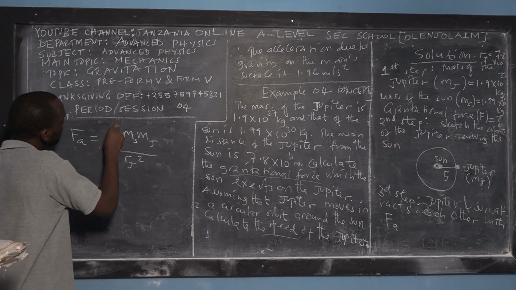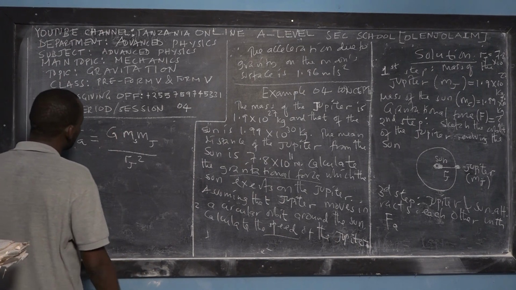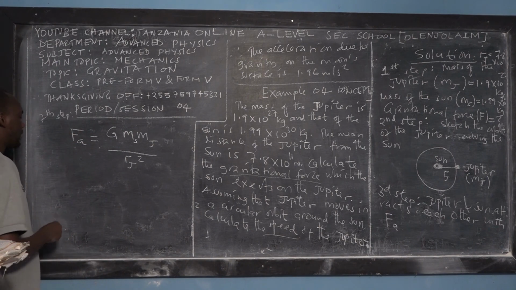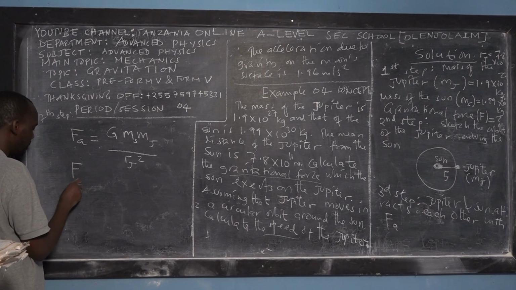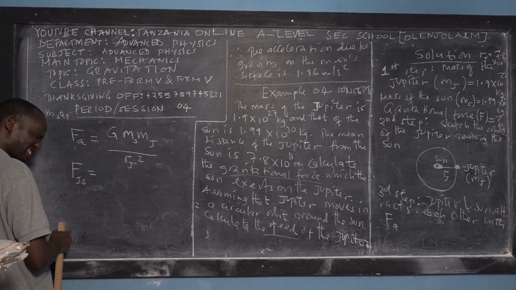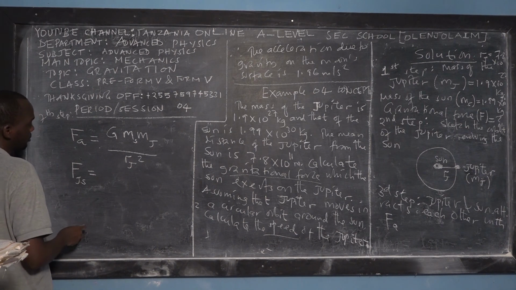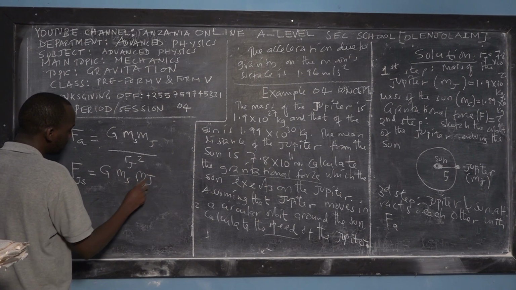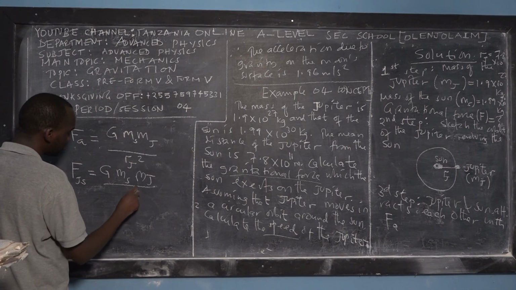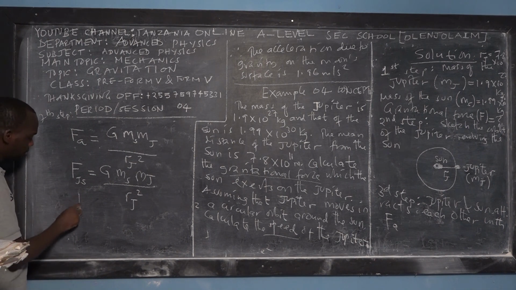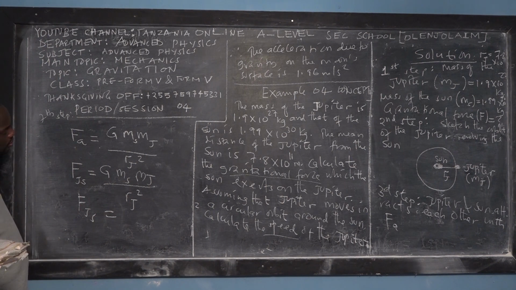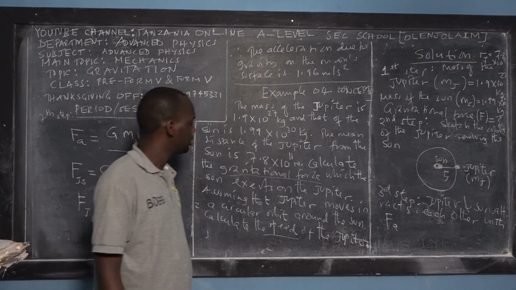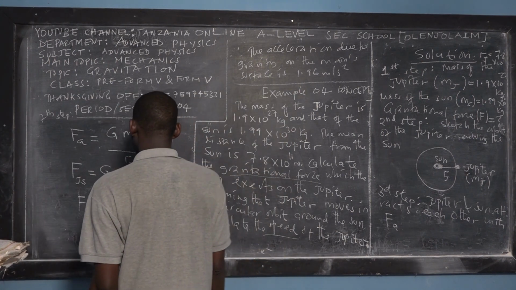So the force of attraction between the Sun and Jupiter is equal to the gravitational constant times the mass of the Sun times the mass of Jupiter, over the radius of Jupiter's orbit squared. According to the data being given, everything is there. The universal gravitational constant is not even mentioned, but we know this value.